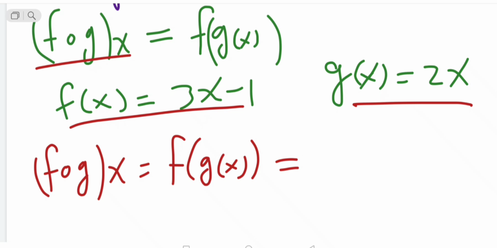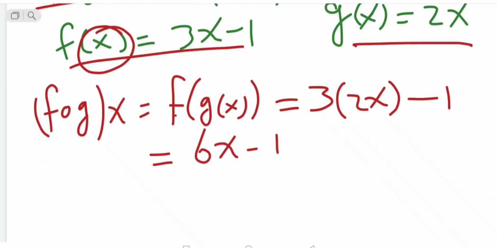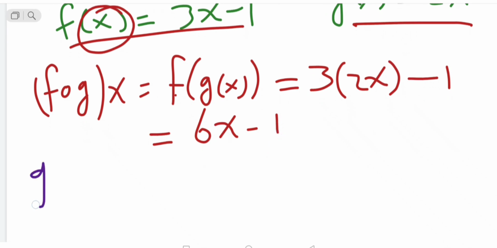It means in f, in the place of x, we will put g of x. What is g of x? 2x. So in function f, we will substitute the g function at the place of x. So 3 into, at the place of x, we substitute the function g, which is 2x. Everything else is the same. Now we will simplify. 3 times 2x equals 6x minus 1, because 3 multiplies only with x. This is the answer.